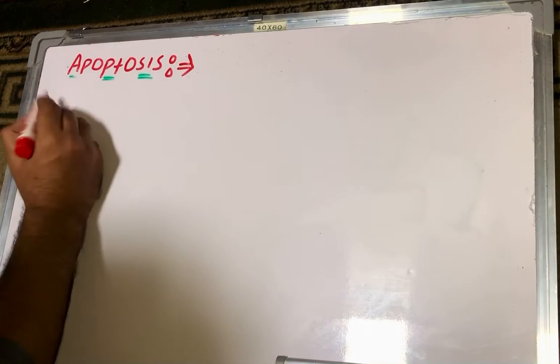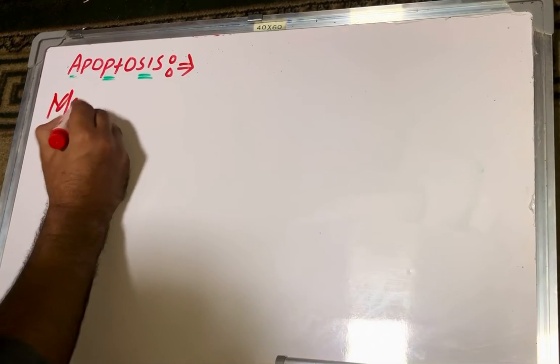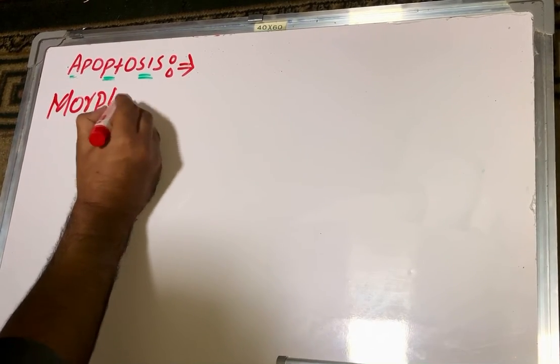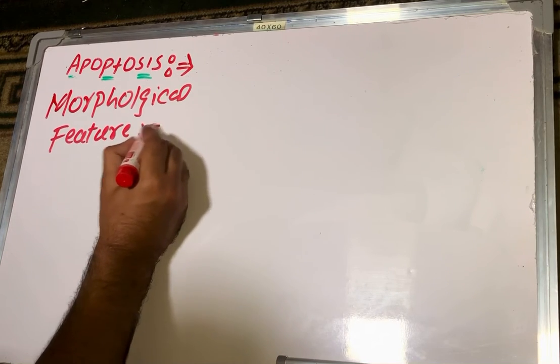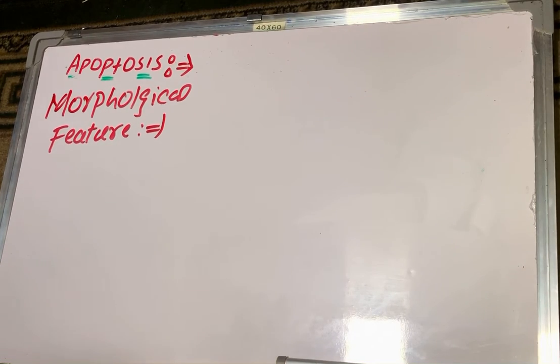What will be the morphological features of a cell in apoptosis? Remember, morphological features are most important for the exam question.